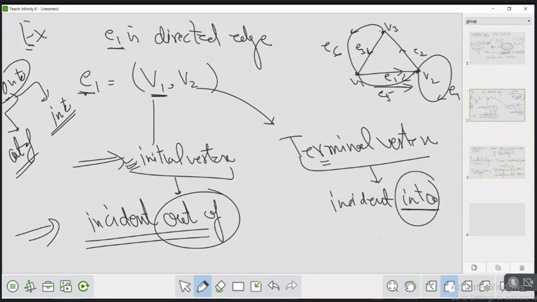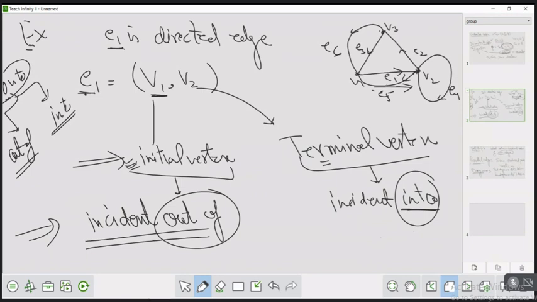Why 2? Out degree means out of. At this vertex this edge is out of, this edge is also out of, and this self loop is both out of and into. A self loop is counted twice. So the out degree of V2 is 4.